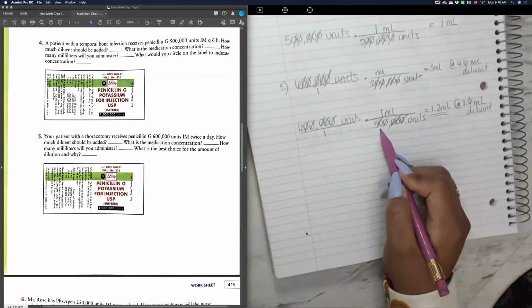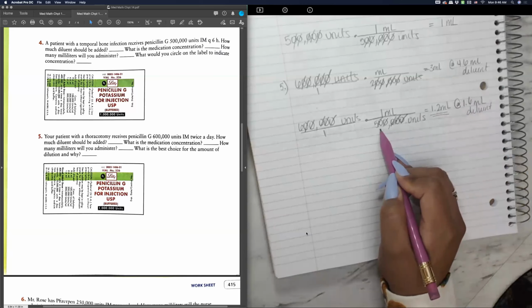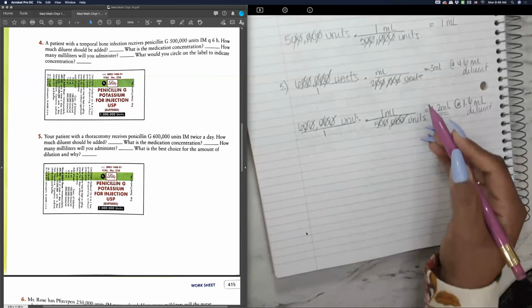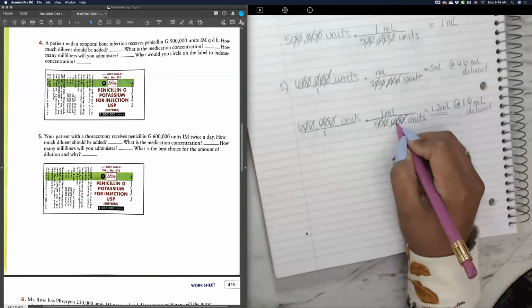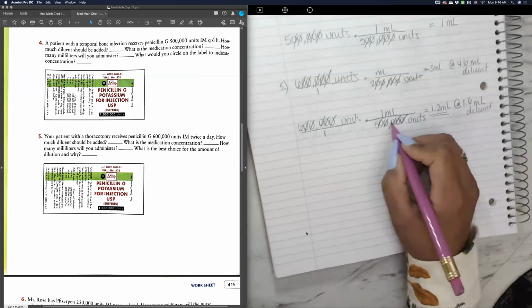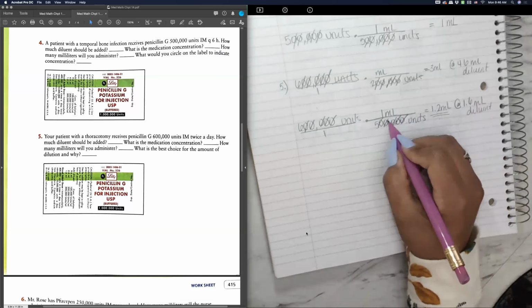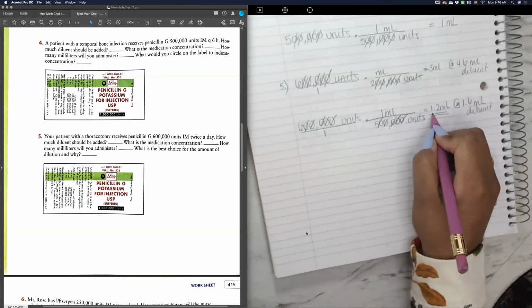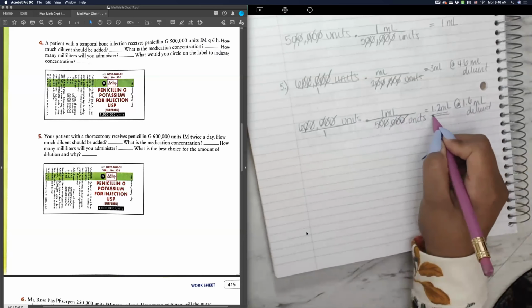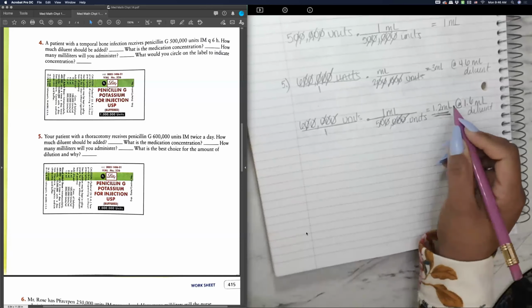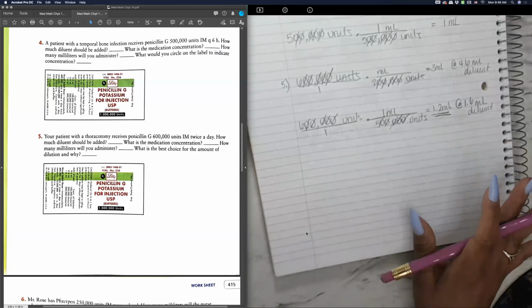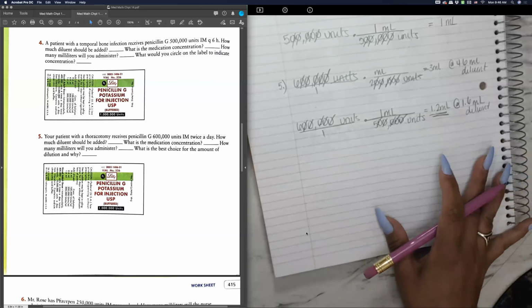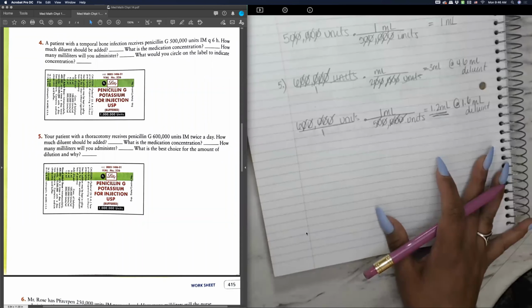We'll in turn have a 500,000 units per milliliter dosage strength. And when I calculate based on the doctor's order, I'm going to administer 1.2 milliliters of medication. Does that make sense to everyone? So we always choose the smaller diluent for the patient?